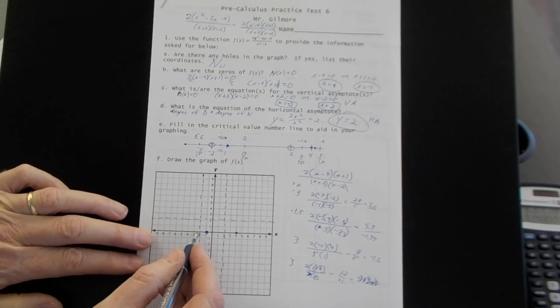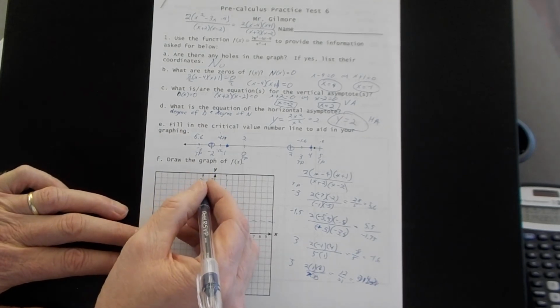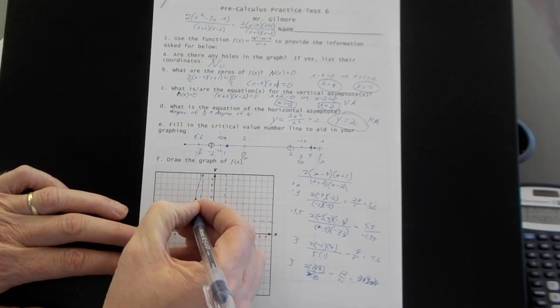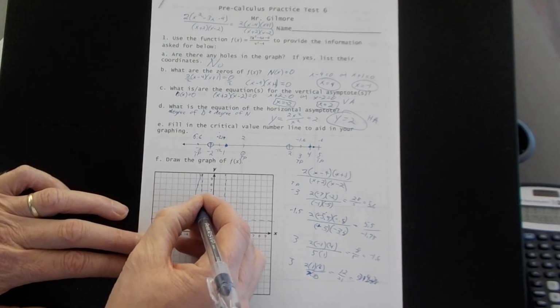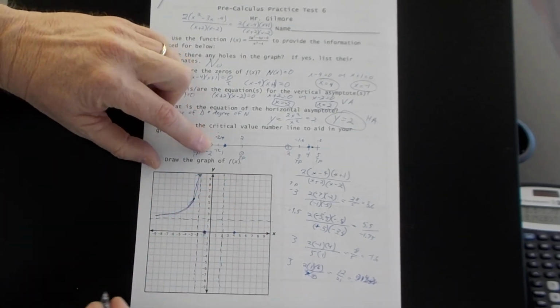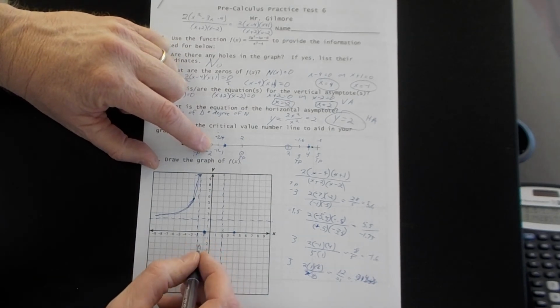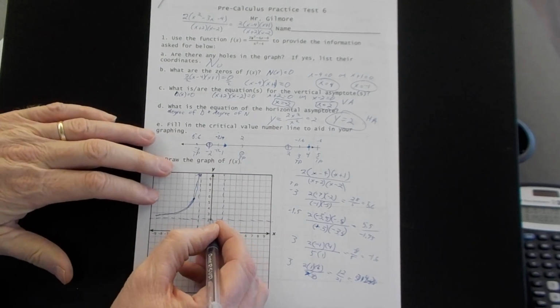For the test point, I had negative 3 and 5.6, so right around there. With these asymptotes, that tells me we're close up top and close to the left, and we get closer each time. The test point of negative 1.5 is negative 3.14, right around here. The test point of 0 is 2.